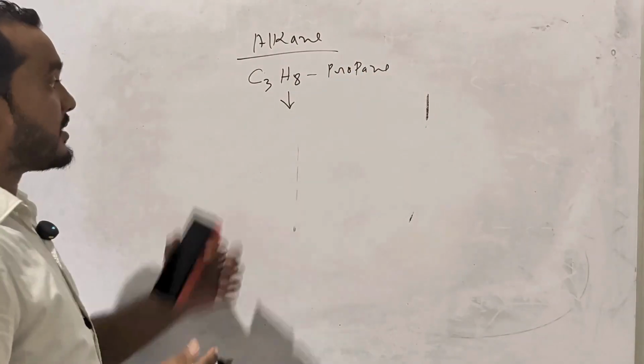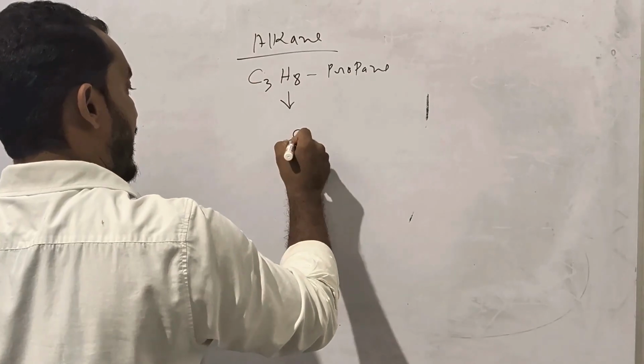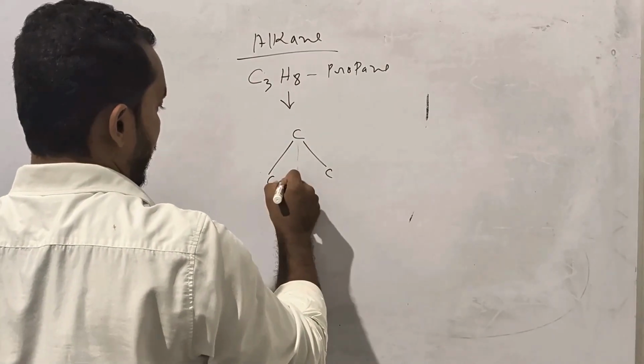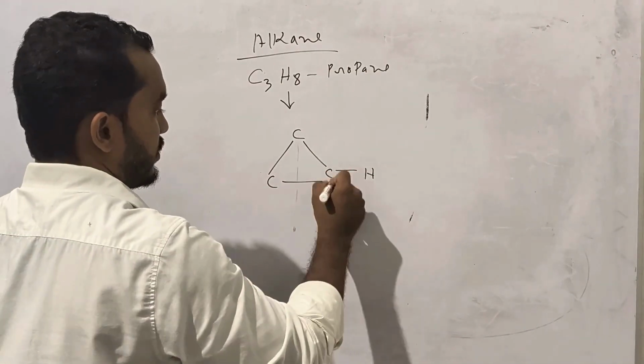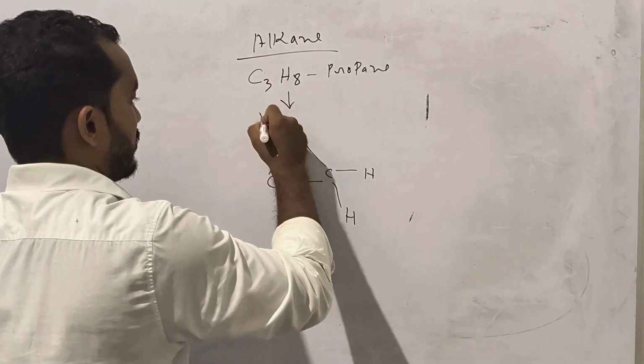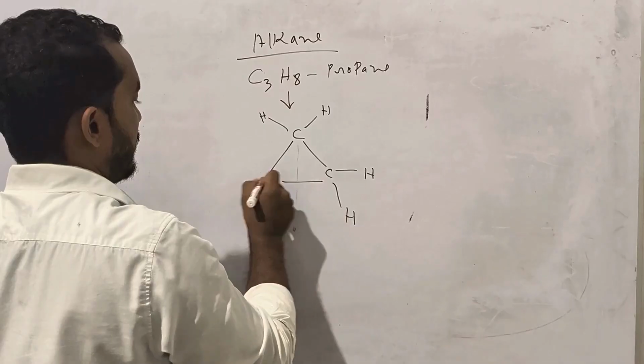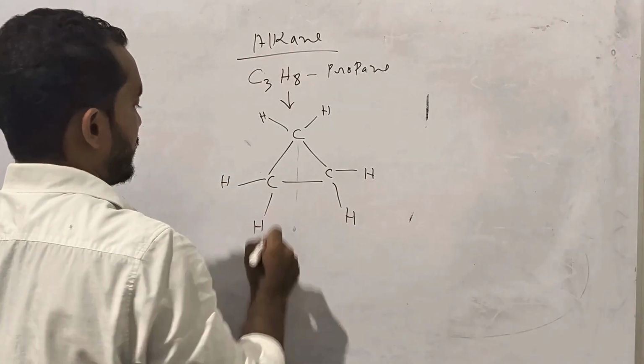If I draw the ring of this structure, see, if I arrange carbon in this way, then hardly can I place 2 hydrogens here. Here also I can place 2 hydrogens, and here also 2 hydrogens.